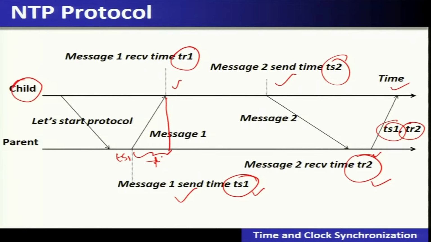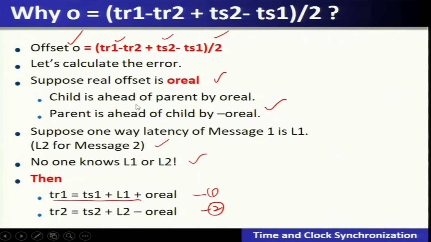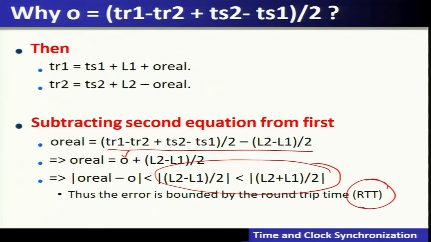That is what is being added over here, the same concept which we have seen: L1 plus O real. Similarly, TR2 is also given. So, you will solve these equations, and you can see that the error is bounded in the network time protocol.